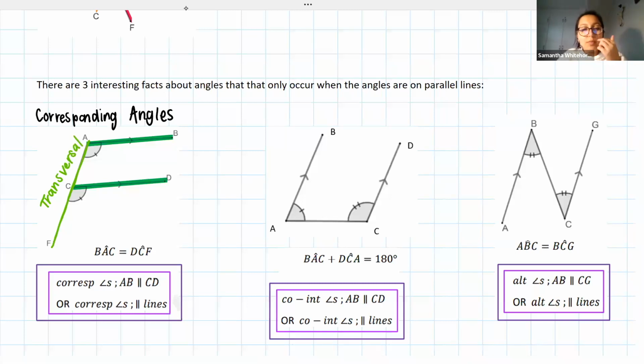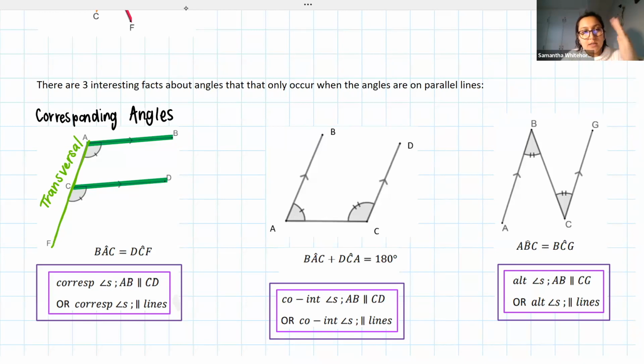Don't stress too much about getting a specific definition. All you need to know is that it's a line that joins the 2 parallel lines, and without it we just have open ends, so we don't actually have angles created. We need a transversal in order for the angles to exist.